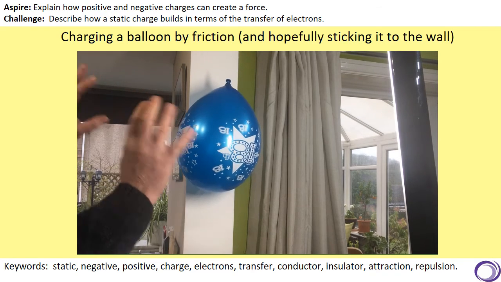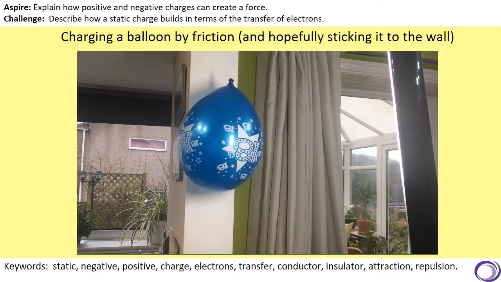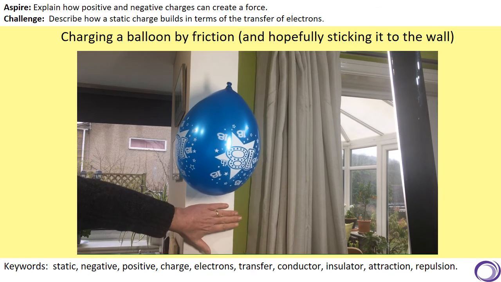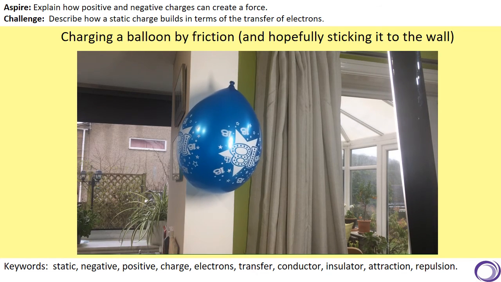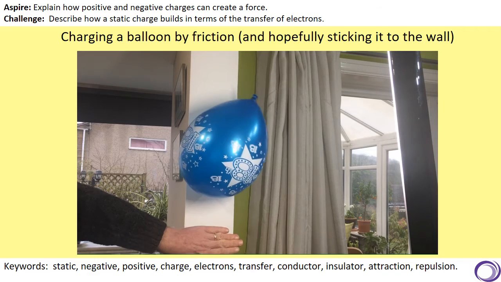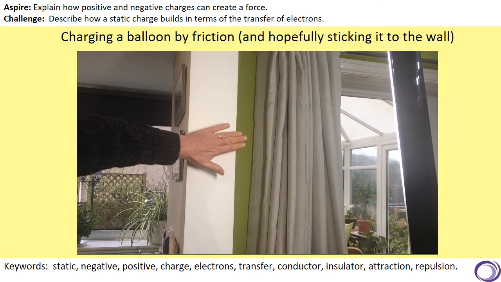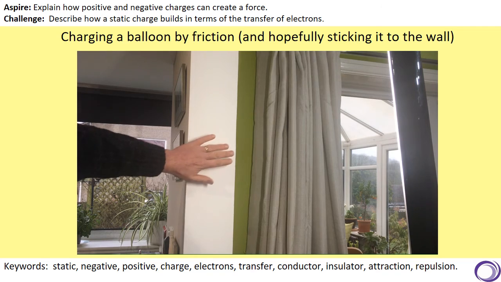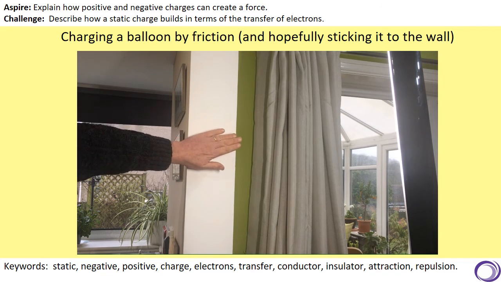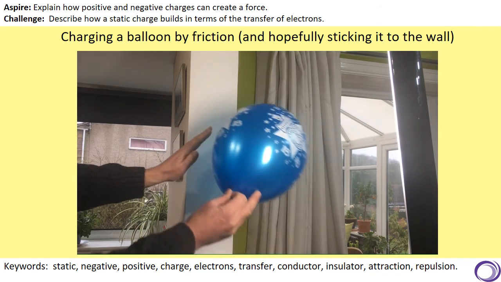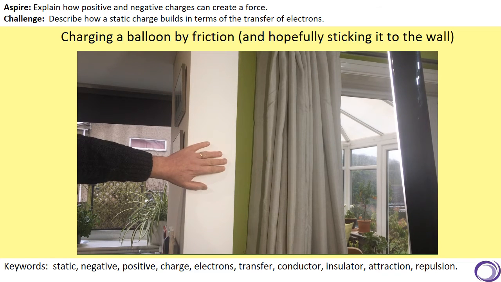Let's assume that the balloon has got a negative charge. It's got extra electrons. So the extra electrons are all against the surface of the wall from the balloon. It's still attracted to the wall, you can see it, just not enough to hold it up. The balloon's negative, the wall's not charged, but what happens is the extra electrons in the balloon push back the electrons that are on the surface of this wall.